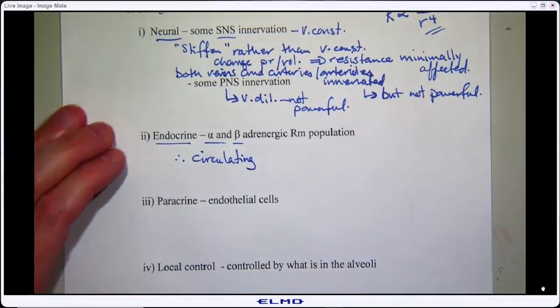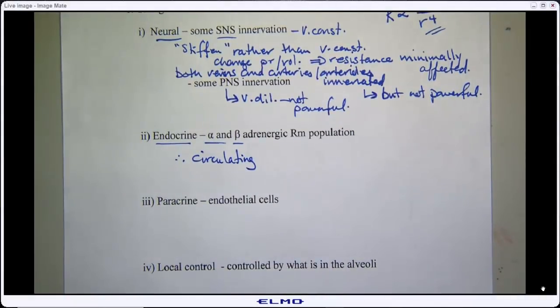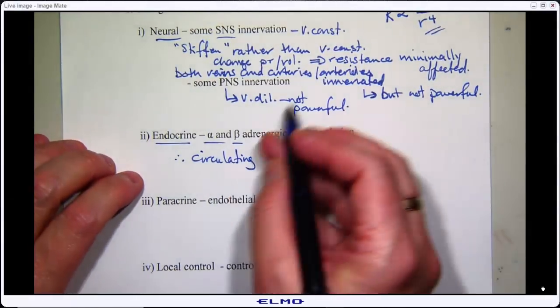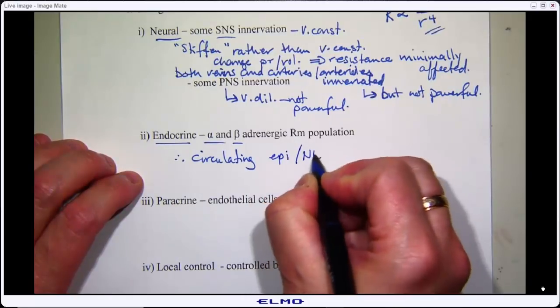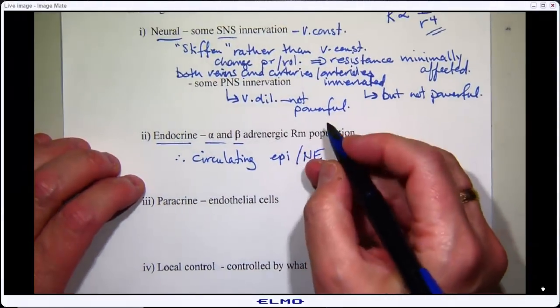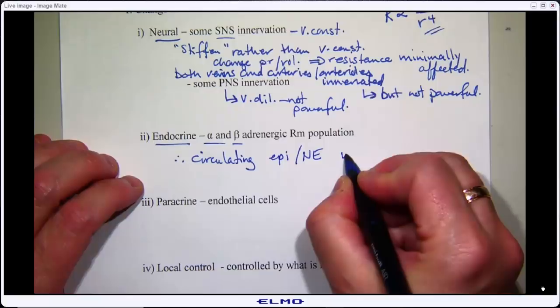An interesting case where it looks like we might want a little bit of neural control, but not a whole lot of hormonal control when it comes to epinephrine and norepinephrine. So circulating epinephrine and norepinephrine will have little effect on radius.